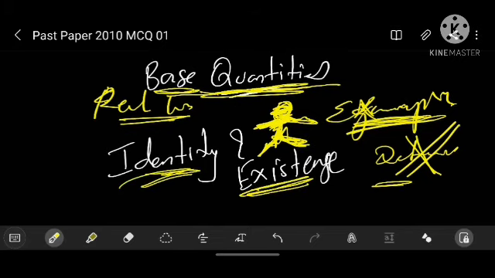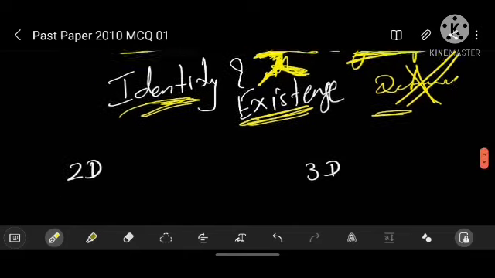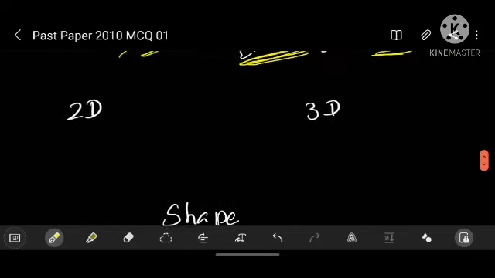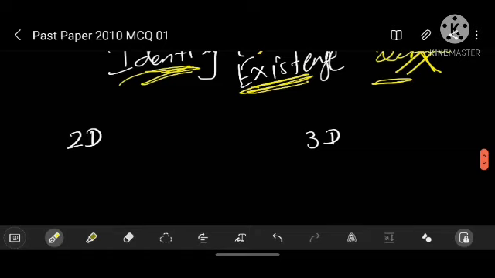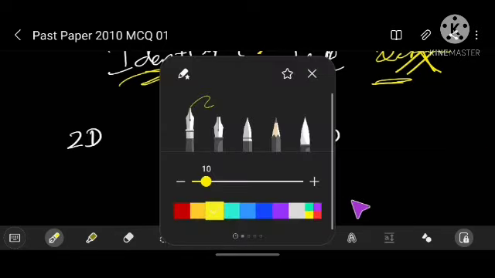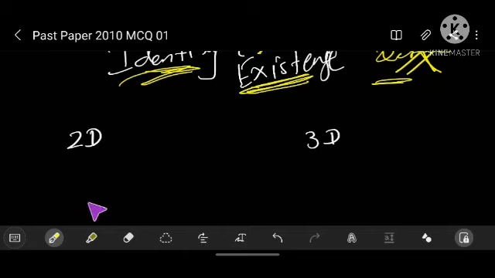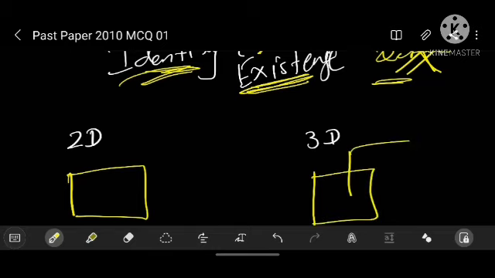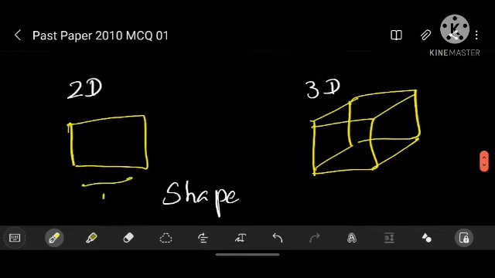Right, so I'm going to draw a rectangle in 2D and in 3D, so we can compare 2D versus 3D and understand the dimension from it. Here the rectangle has the length and the width or breadth.